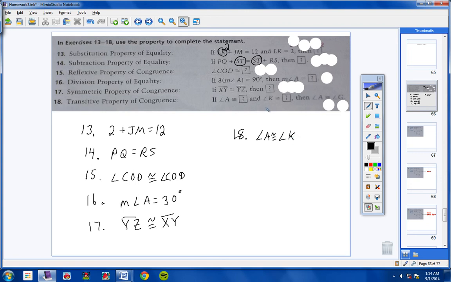Remember, transitive is A equals B, B equals C, A equals C. So we have A congruent to K, and then angle K congruent to angle G, and I know that because of the G over here. So angle A is congruent to angle K, angle K is congruent to angle G, then A is congruent to G. Okay? All right, so not too difficult.